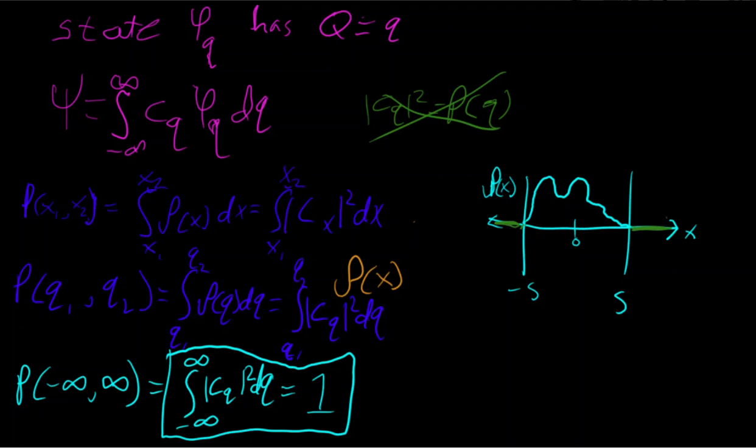Even if there's only a range of possible values that x can be, the integral from negative infinity to infinity just becomes the integral from negative 5 to 5, but the equation from negative infinity to infinity is still valid, because you're just adding up. So hopefully that makes sense.